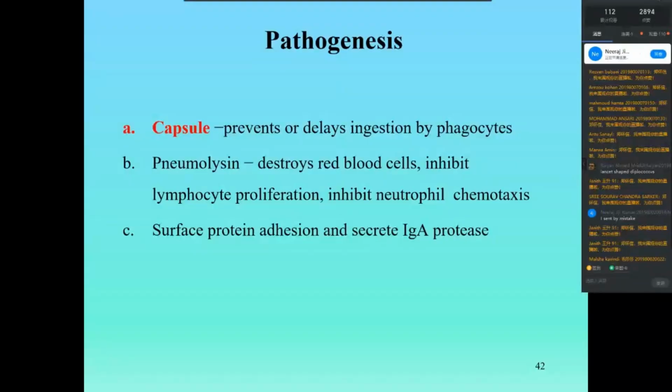For treatment, again, penicillin G is the best choice. And if penicillin G is not working, if the bacteria are resistant to penicillin G, you can use other susceptible antibiotics such as vancomycin to treat the bacteria.